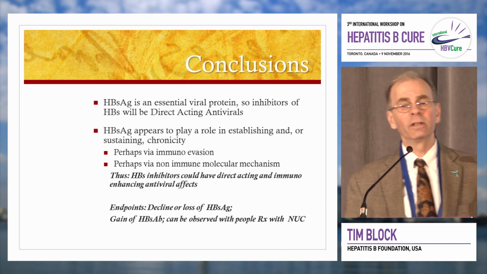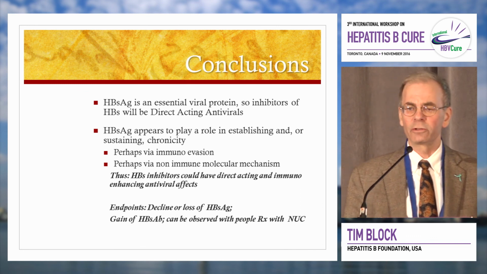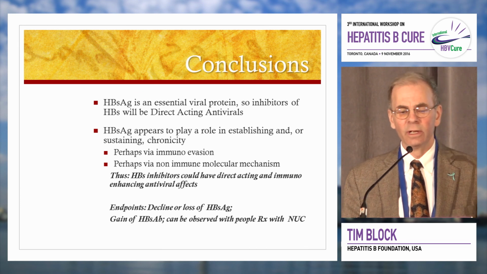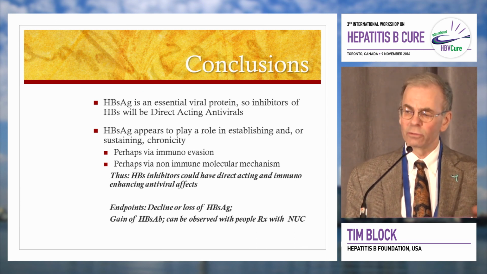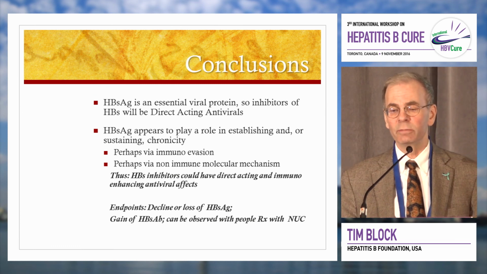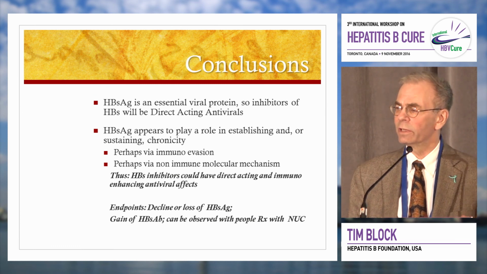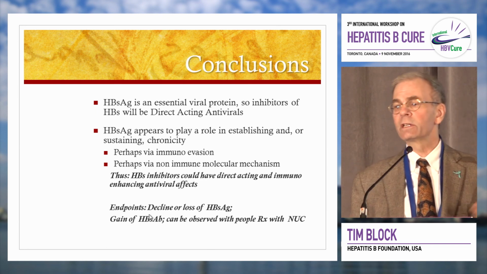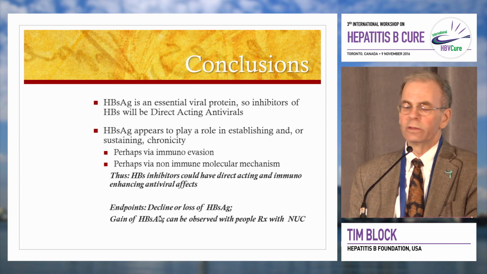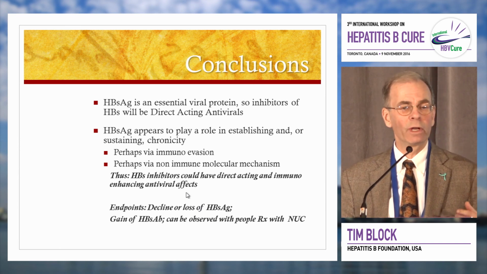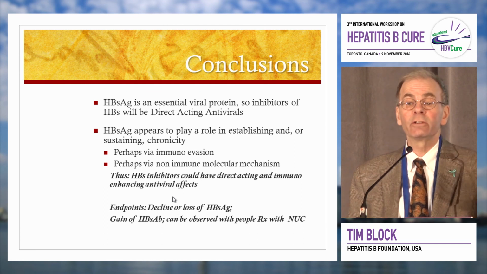But S antigen almost certainly has an extra-virological role in maintaining chronicity, and I think there's a growing consensus that management of S antigen is going to be considered a standard of the new functional cures, and is going to be very, very important. The other nice thing about S antigen inhibitors is that they're compatible with direct-acting antivirals in terms of endpoint evaluation, just in terms of using standard endpoints.